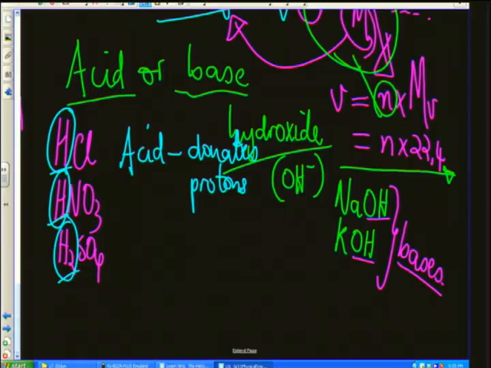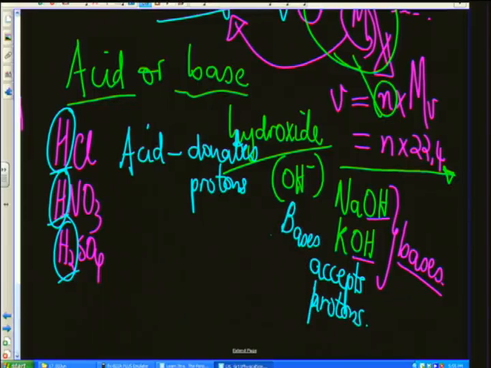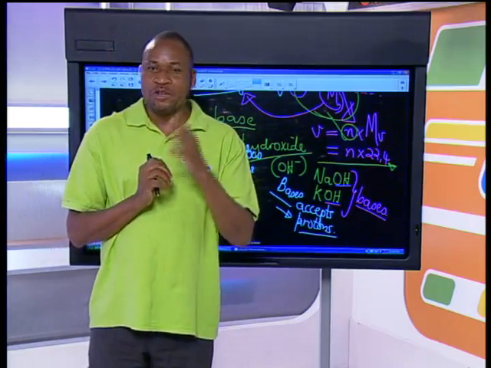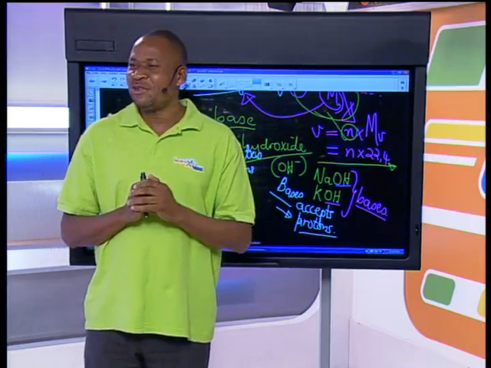And here bases will be all substances that accept or receive protons, or the hydrogen ions. Okay, so those will be bases. Okay, fine. So I think up to that point, you would have understood what a base is. There's more to it. You will learn more about it, I believe, when you get to grade 12 as well.